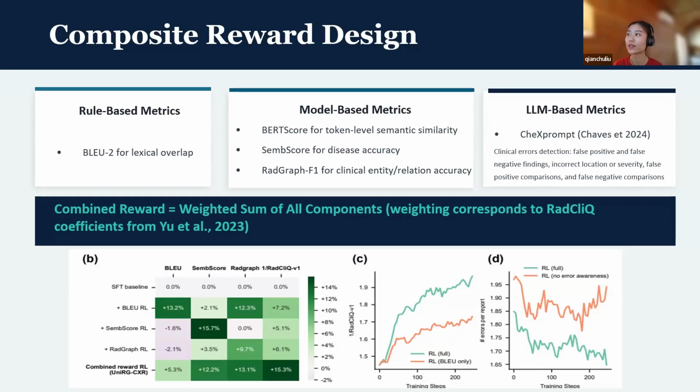But because the reward does not catch it at all, there are no errors that will really penalize these specific issues, because the LLM-based model is not really caring about the similarity of the output and ground truth in a generic way.